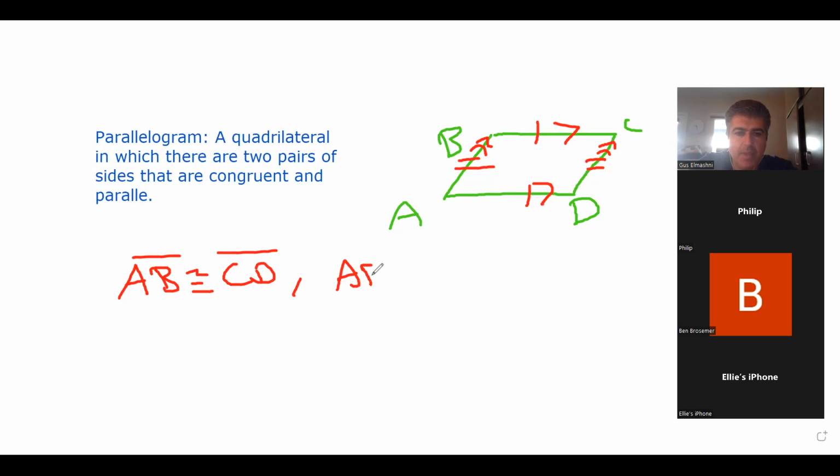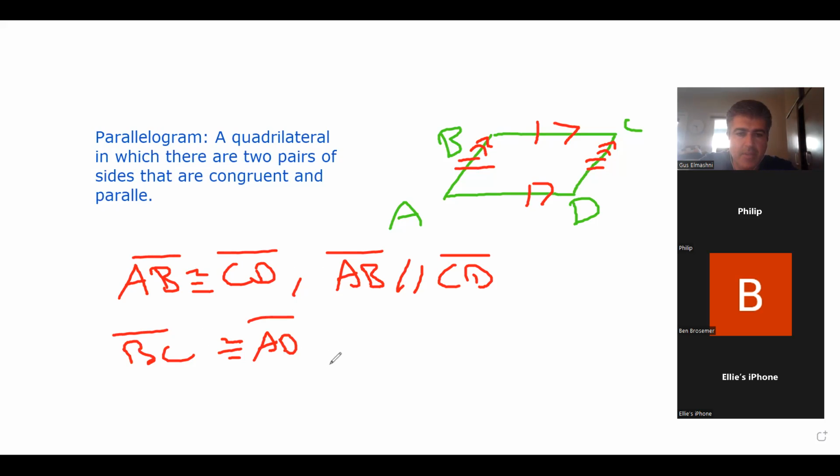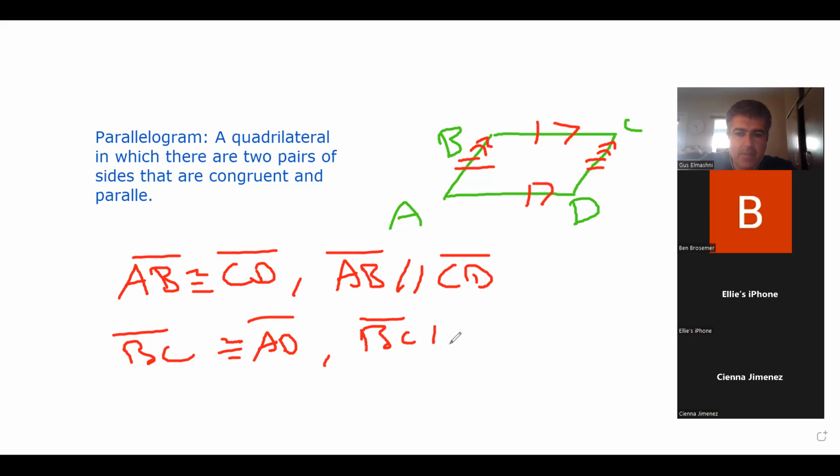Also, AB is parallel to CD. Okay. BC is congruent to AD. And BC is parallel to AD. So that's the definition of a parallelogram when that happens.